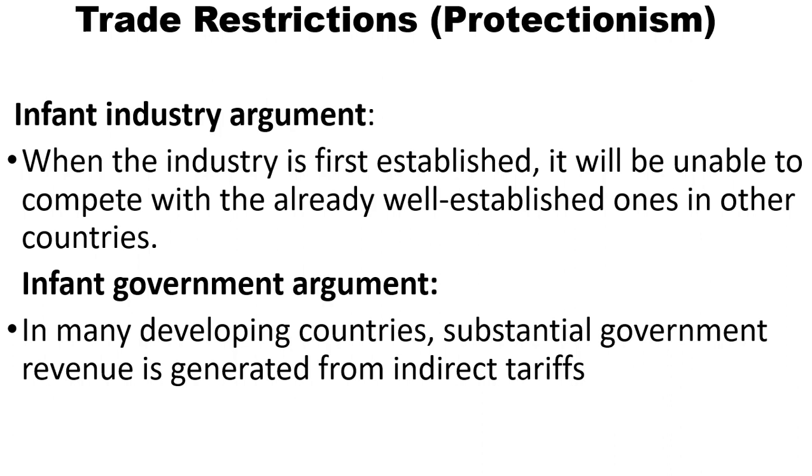For instance, if you go to Aflao border or Tema Harbour or Takoradi ports, you see a lot of taxes being imposed on goods in order to get money for the government. So government also, because of revenue reasons, may restrict international trade.